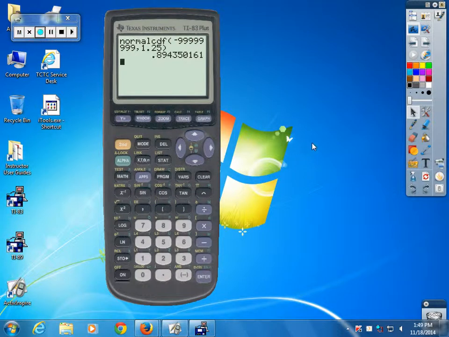Is that what y'all got? I love it when I do this problem and somebody says, well, I got 0.894350. What did I tell you about area? A simple concept. What did I say about area? It will always be what? 4 decimal places.